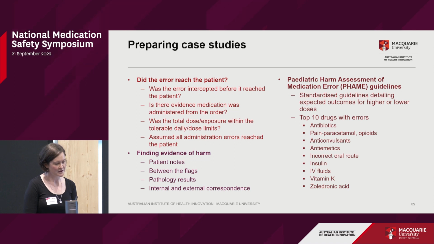So you can see the top 10 drugs there, fairly standard ones in paediatrics: antibiotics, pain meds, anticonvulsants, antiemetics, high-risk drugs such as insulin and potassium fluids, vitamin K and zoledronic acid. And also there were quite a few errors where we had to determine if medications given by an oral route had caused harm in patients who were unable to tolerate their medications orally.